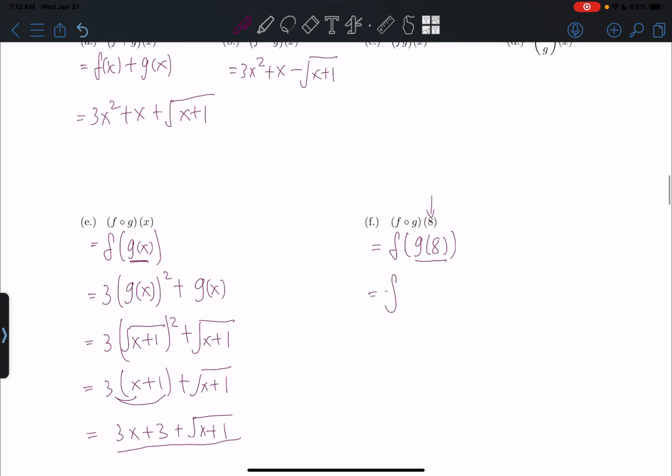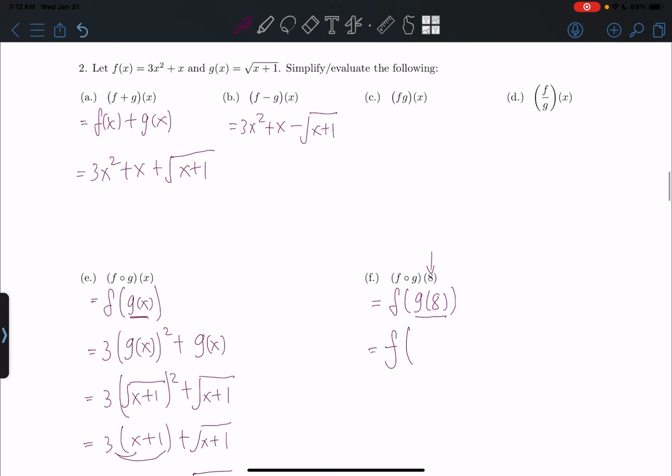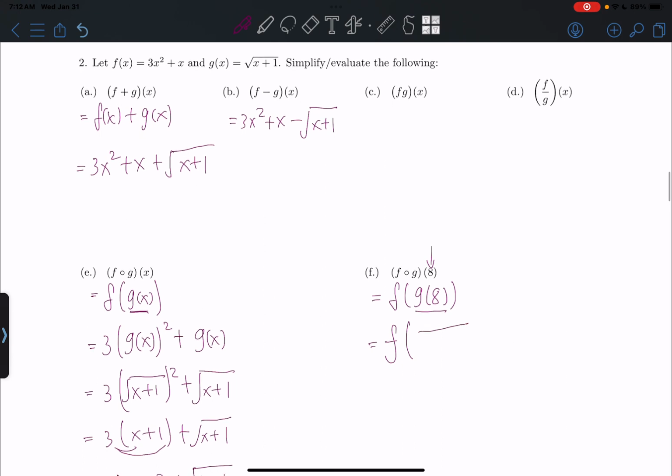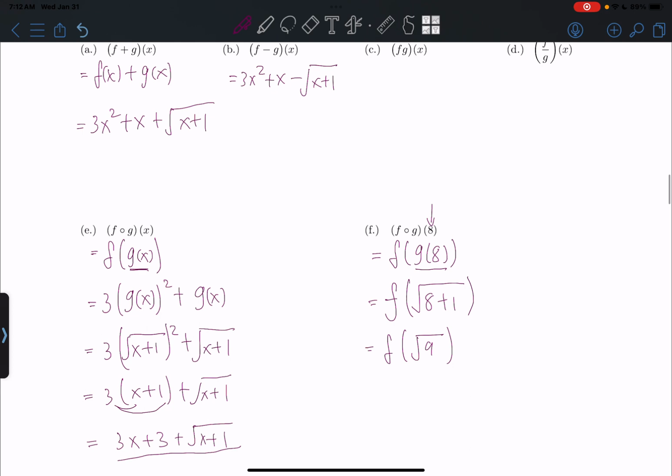So g is square root of x plus 1, so g of 8 is square root of 8 plus 1, is equal to f of square root of 9, is equal to f of 3.